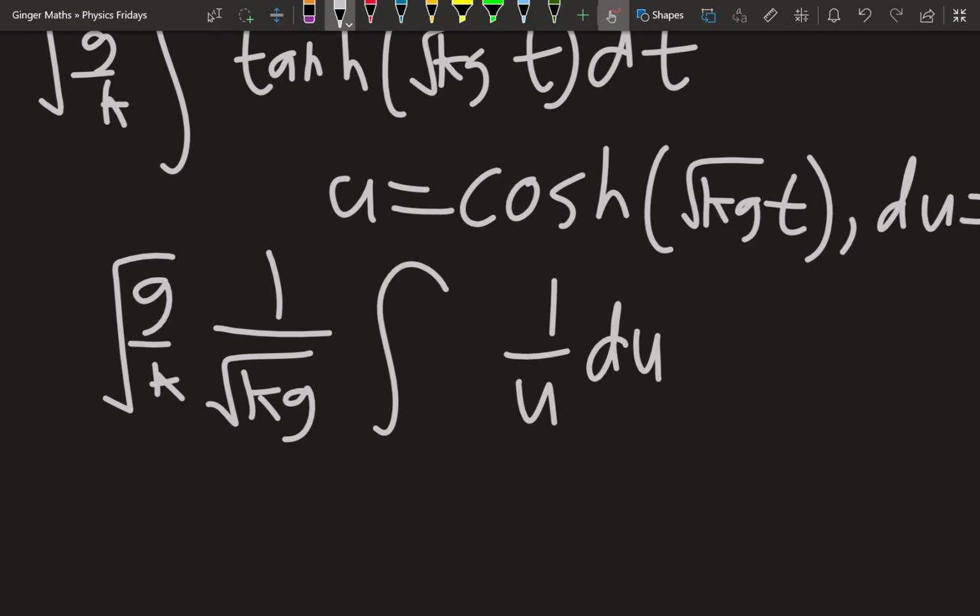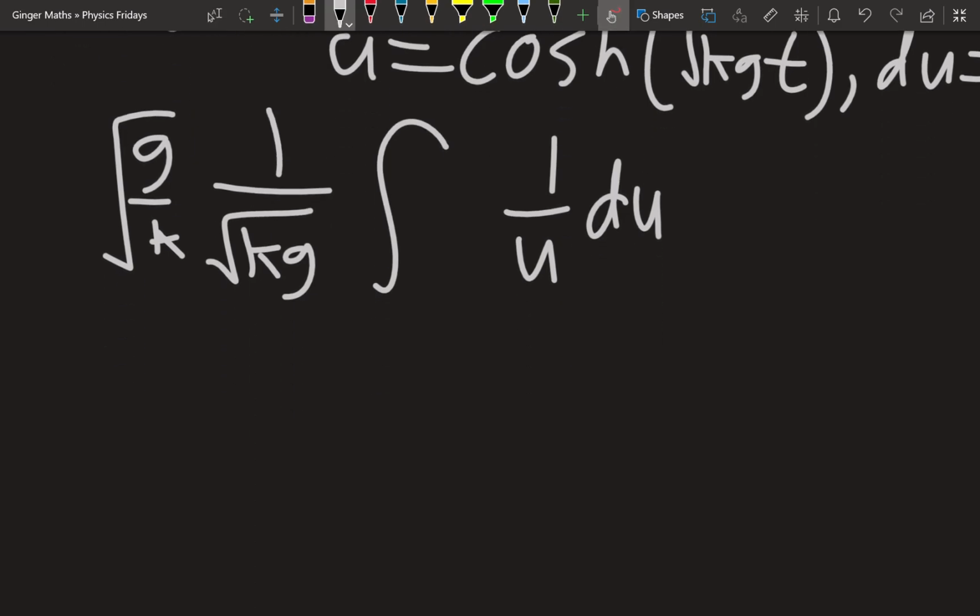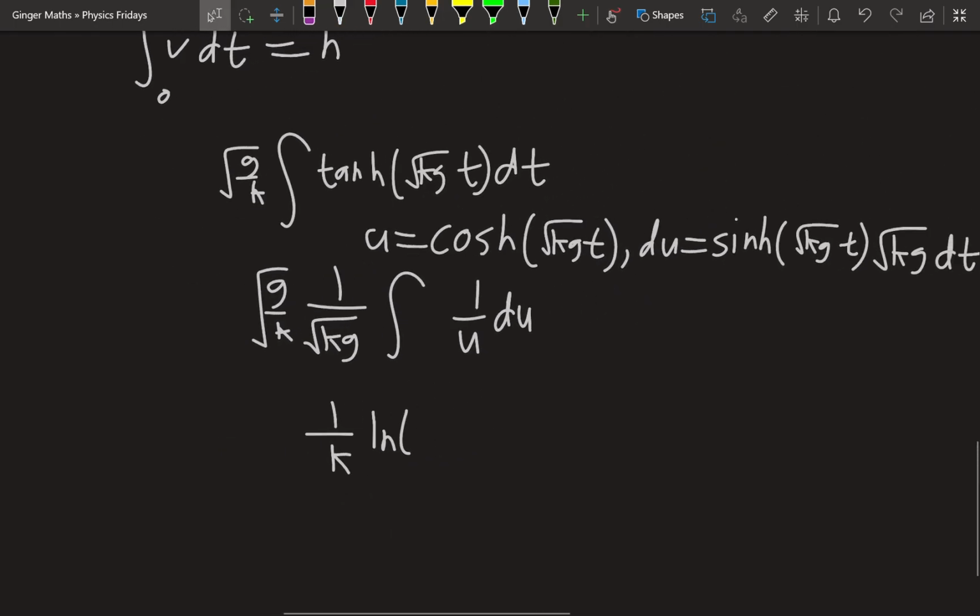Hyperbolic tangent is hyperbolic sine over hyperbolic cosine, so it simplifies to 1 over k times the natural log of u evaluated from 0 to 3.